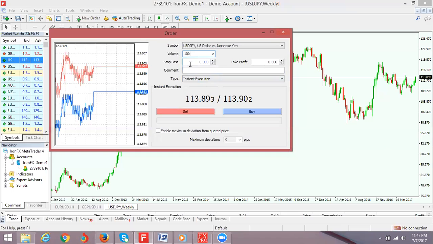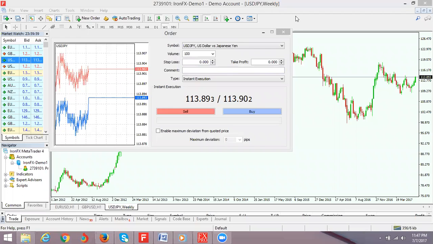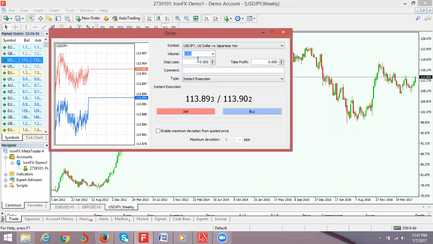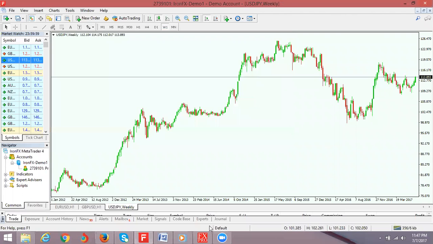In 100 lots, every pip will be worth about $1,000. The volume you apply on your trade will be dependent on both the leverage and the amount of money you have deposited. All right, let's continue.